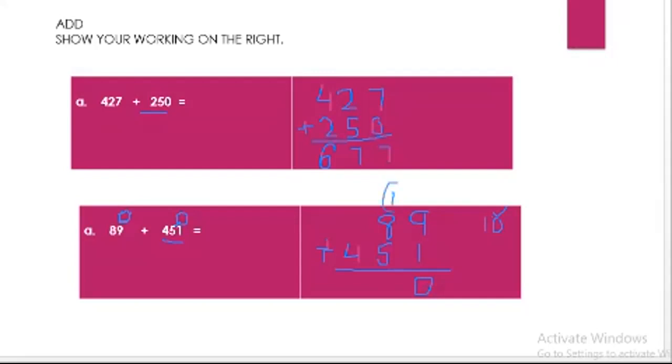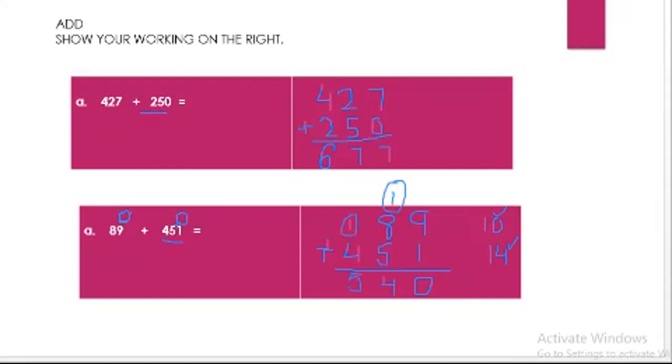So my answer will not be 13, it will be 14. Yes. So you will write 4 at the bottom place, and 1 will be carried over. Okay, so now 4 and 1 makes 5. Yes.